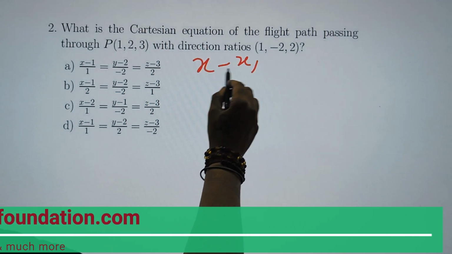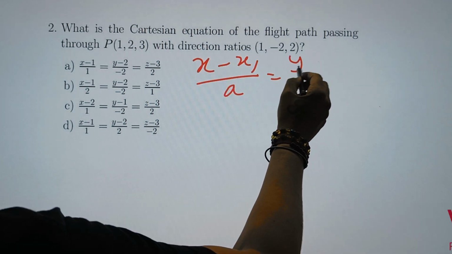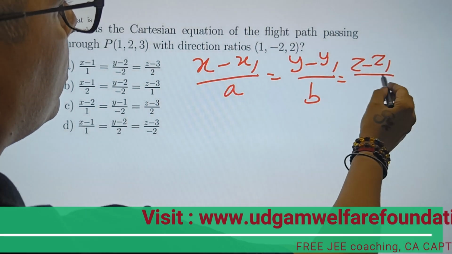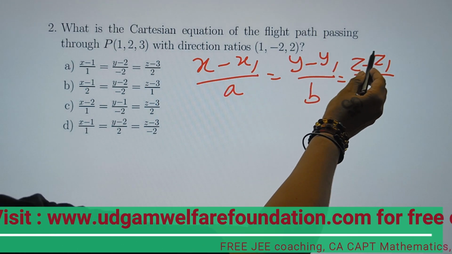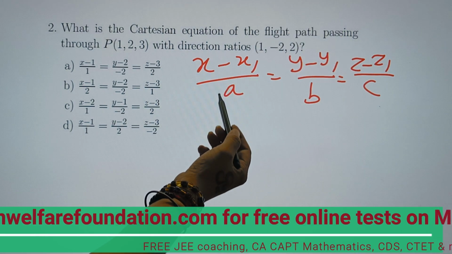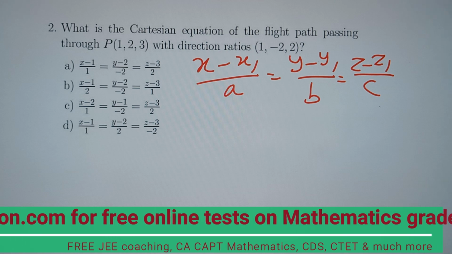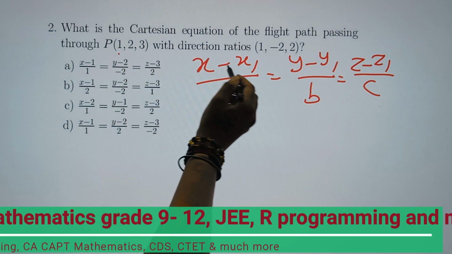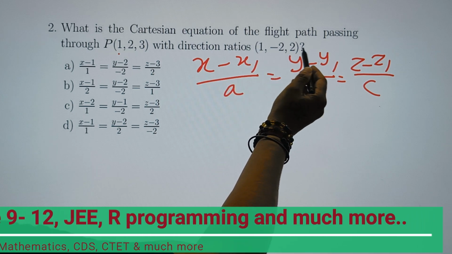(x minus x1) upon a is equal to (y minus y1) upon b is equal to (z minus z1) upon c, where x1, y1 and z1 are the point through which it is passing, and a, b, c are the direction ratios. Now x1, y1, z1 are nothing but 1, 2, 3, and the direction ratios are 1, minus 2 and 2.